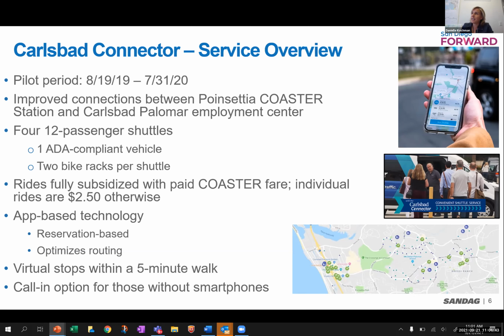We didn't have it necessarily taking people to the doorstep of their place of employment. On the map in the lower right-hand corner, there were virtual stops that were designated, which were locations that we noticed were safe for a vehicle to stop. And there would be frequent destinations within a 5-minute walk.